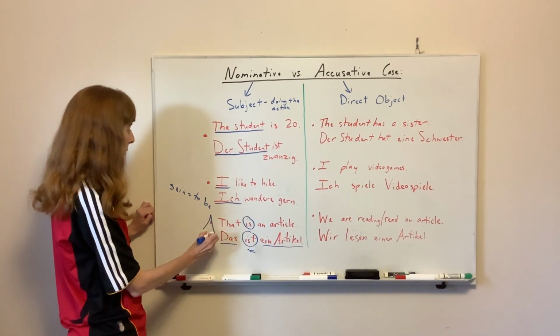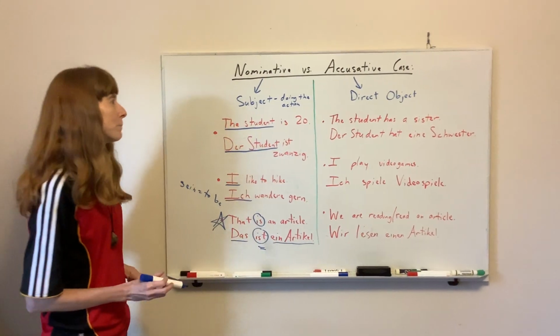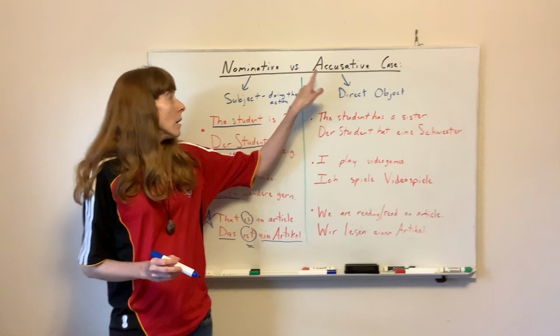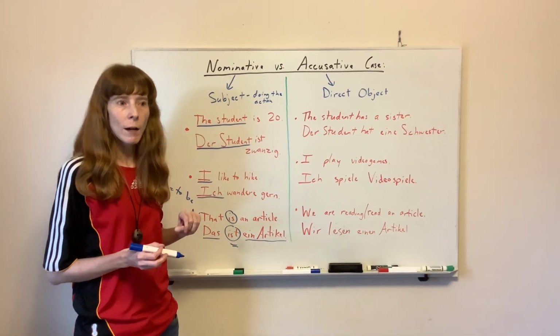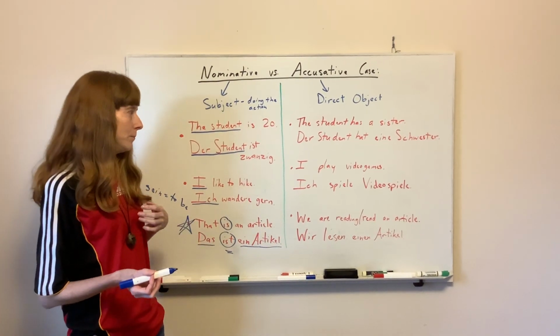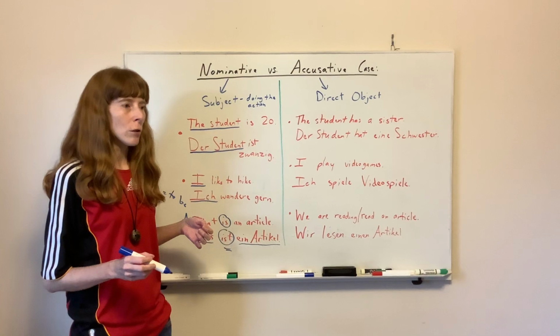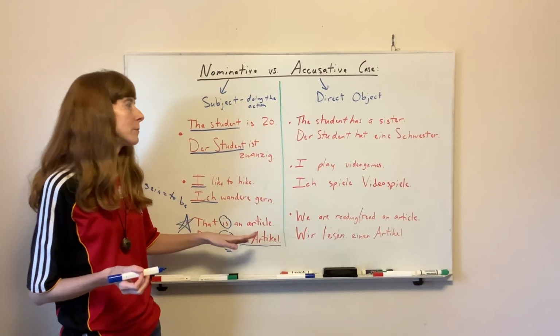So I'm going to put a star by this one. We're going to come back and look at that in a minute, just because this is a problem point. Now, accusative case is used for direct objects, and a lot of times people have trouble actually figuring out what the heck a direct object is, especially if you have horror nightmares from being in English class and having to identify direct objects.